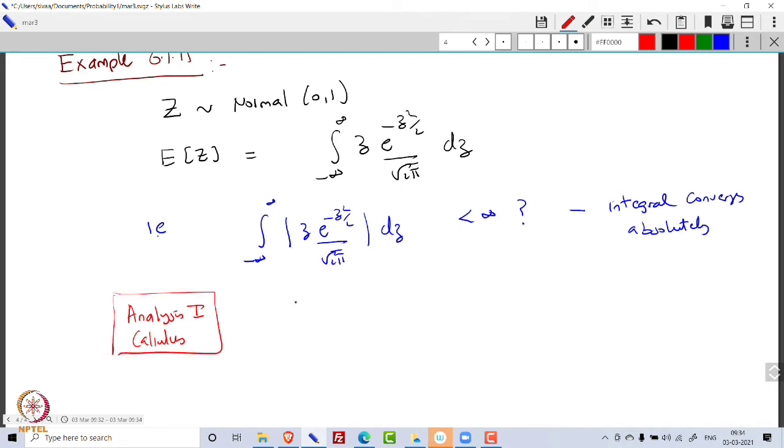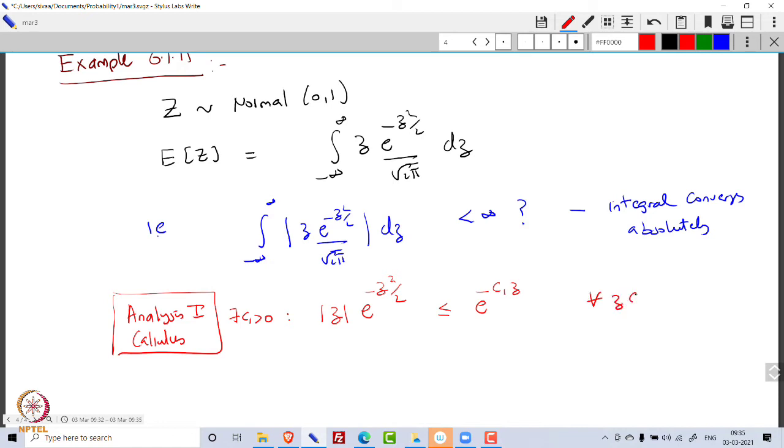What you can check is that if I look at the absolute value of Z times e to the minus Z squared by 2, this function is always going to be less than or equal to e to the minus C1 times Z for all Z, for some positive C1.